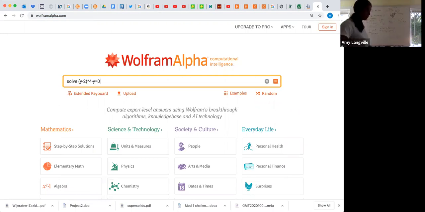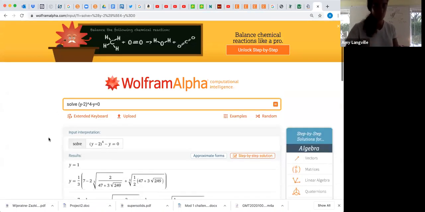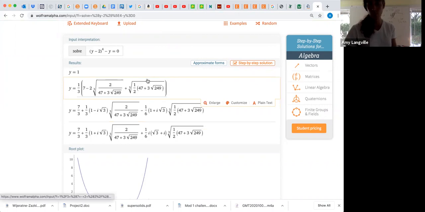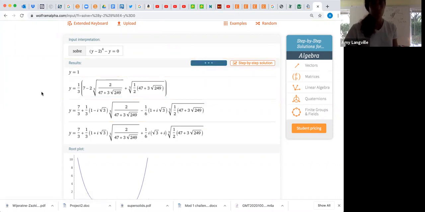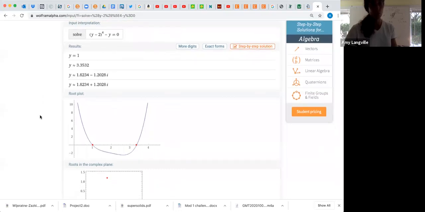Again, we'd expect at most 4 roots, and we do see this crazy quartic equation. Here's a plot of the real roots. There are some complex ones, again, not things that we're going to deal with. So we see 1 and 3.35 are the ones we're interested in here. So this would be at about 1 and 3.35. Those would be our limits.